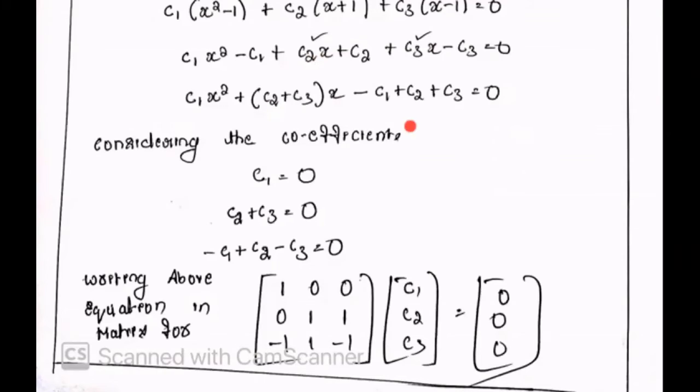If these 3 things are 0, then the equation becomes 0. That's why I'm considering c1 equal to 0. Left hand side becomes equal to the right hand side only when these are all the conditions. So only observe this part and try to write it in the matrix representation. Don't confuse this equation with that equation.